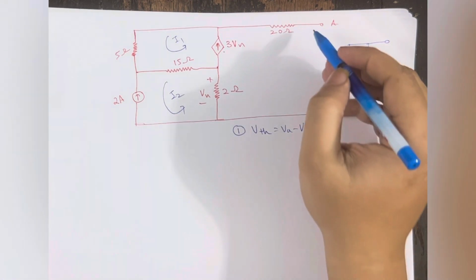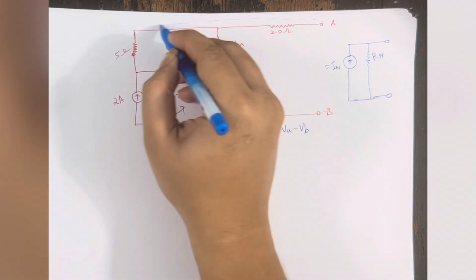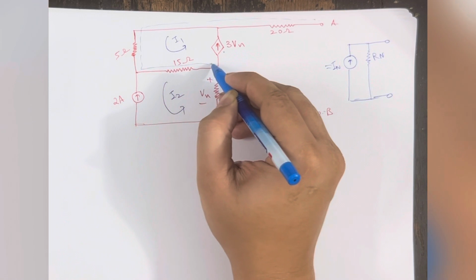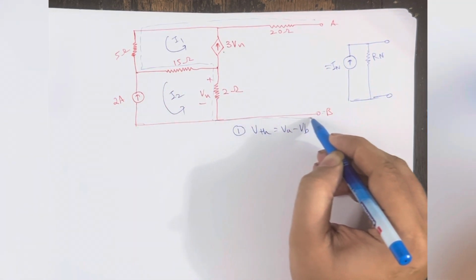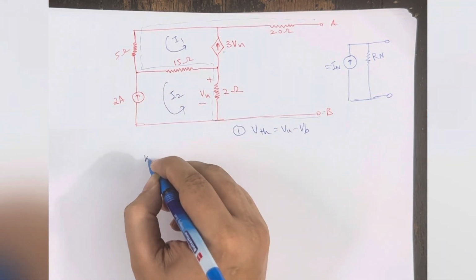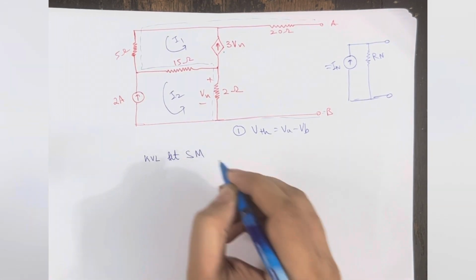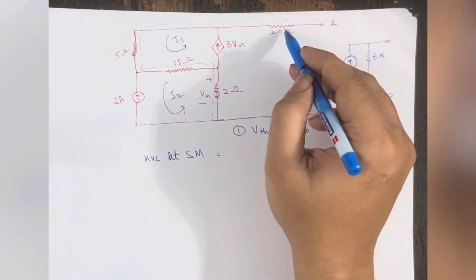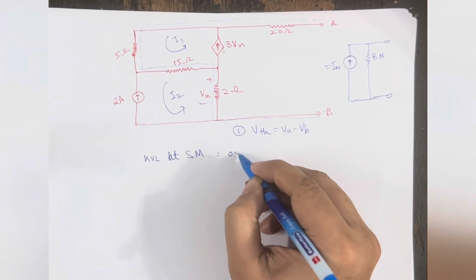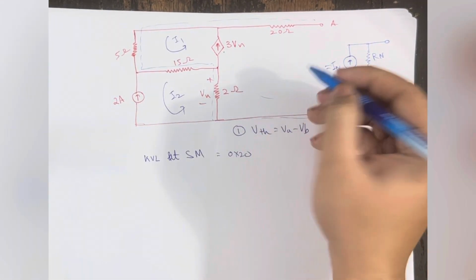So what we can do is follow a supermesh. We can see this as a supermesh and follow this path to write the KVL equation at the supermesh. So no current is flowing here, so 0 into 20. In this loop the current is 0.